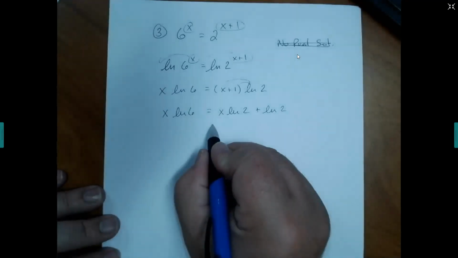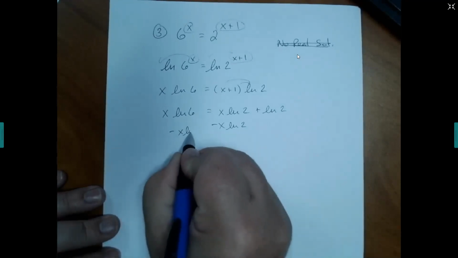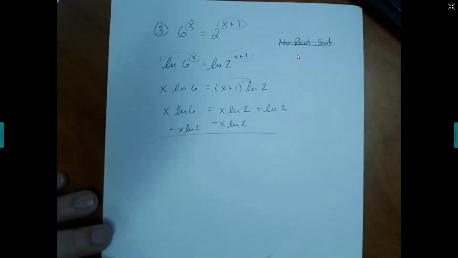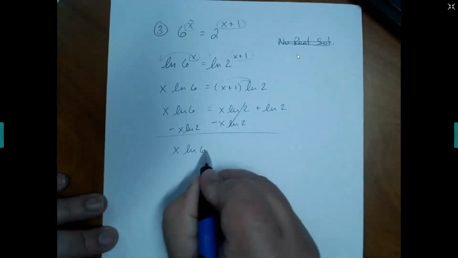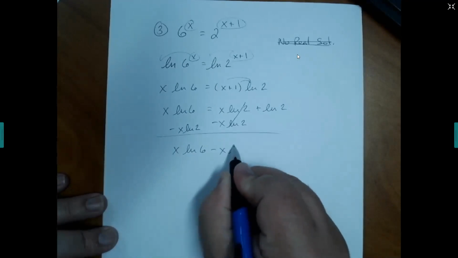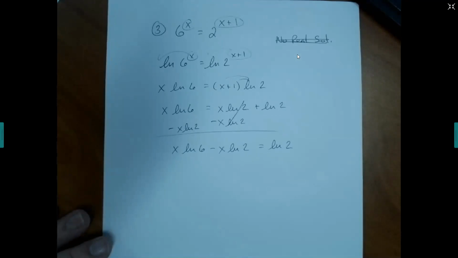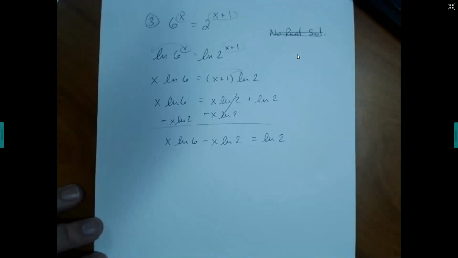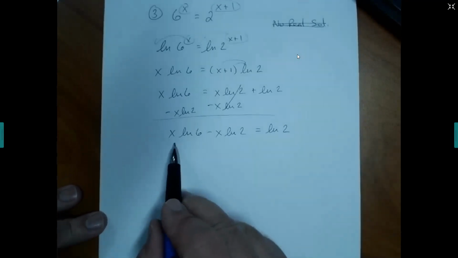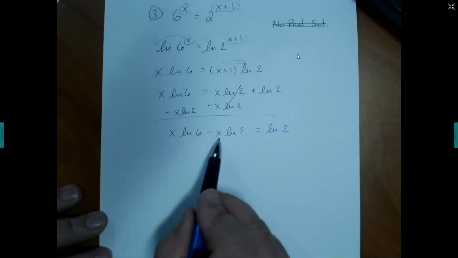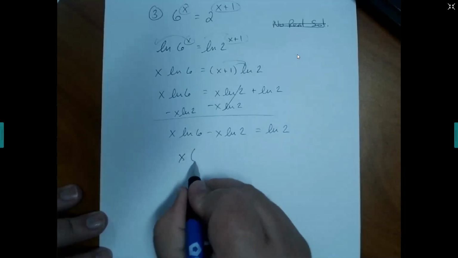Let's get all the x's to one side. x ln 6 minus x ln 2 equals ln 2. We're trying to solve for x, so we have x's on both of these. What can we do with these x's? We can factor out the x first.